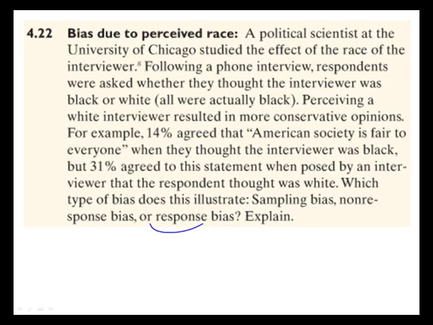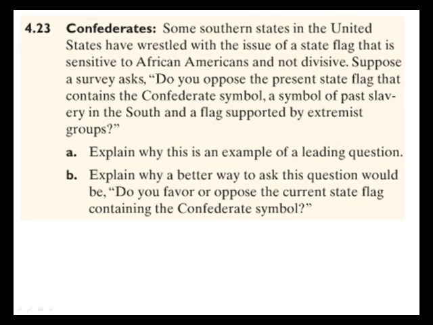And Confederates. So some southern states in the U.S. have struggled with the issue of the state flag being sensitive to, that is divisive to, African Americans. Suppose a survey asks, do you oppose the present state flag that contains the Confederate symbol, a symbol of past slavery in the South, and a flag supported by extremist groups?